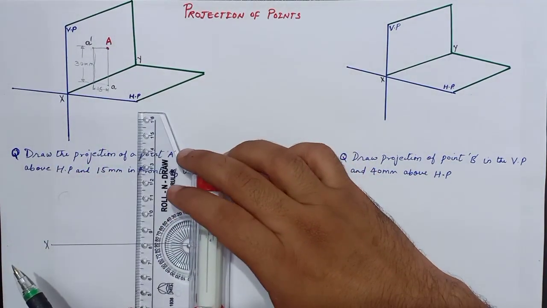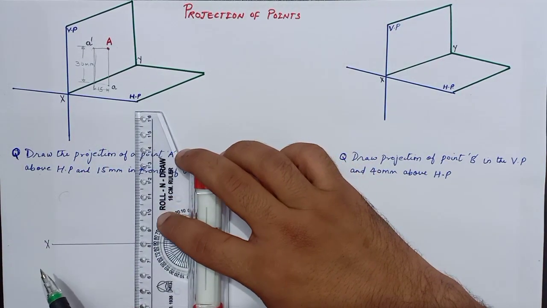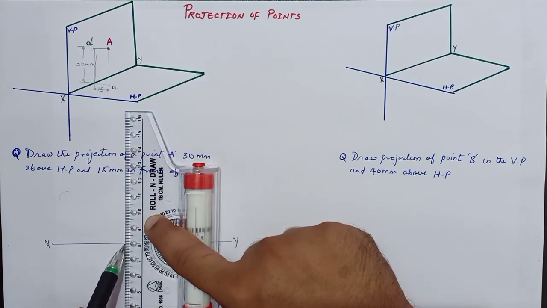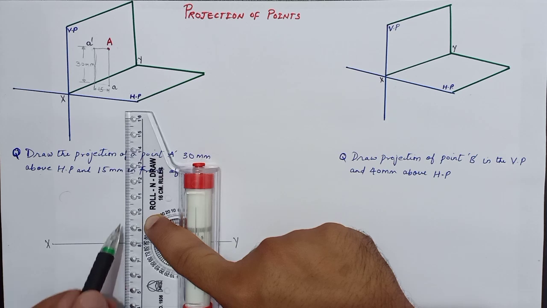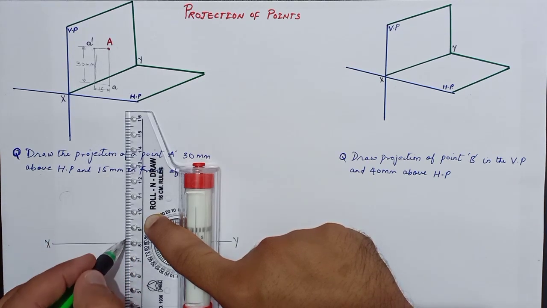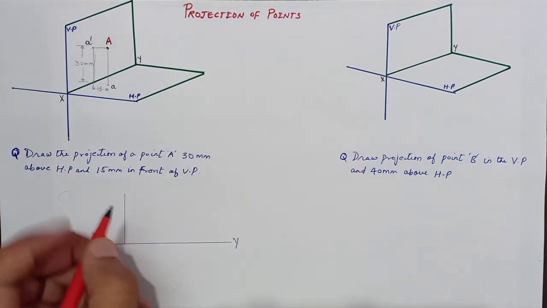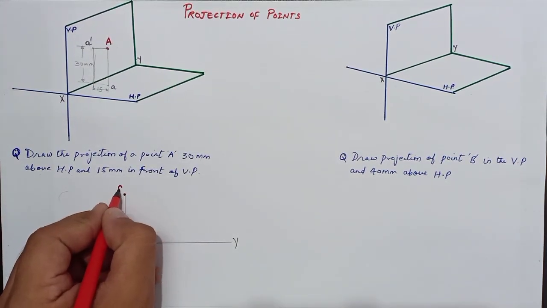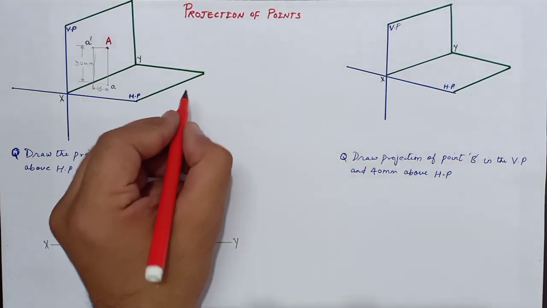So we will mark the same distance on the orthographic view, measuring from the XY line 30 mm above HP. And this is point A dash, that is the front view.